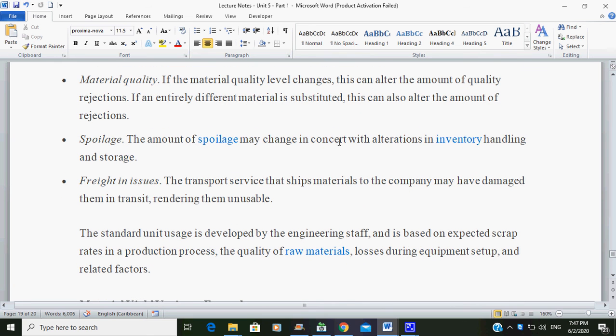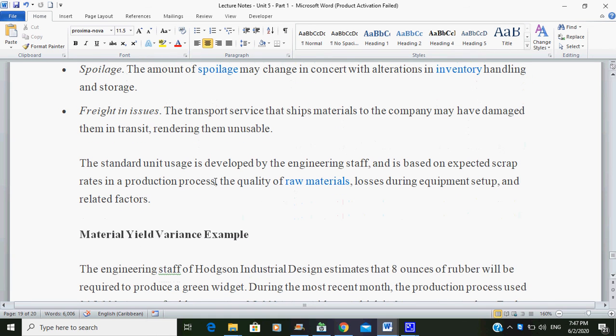Each ounce of rubber has a standard cost of 50 cents. Its material yield variance for the month is 315,000 ounces minus 280,000. Why 280,000, by the way?